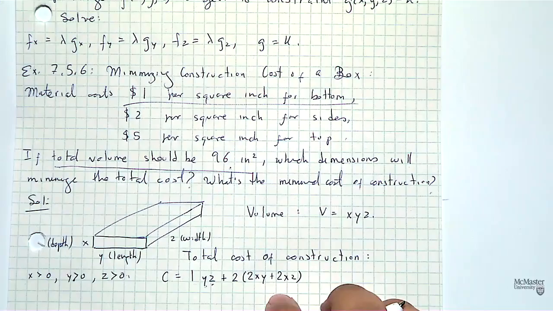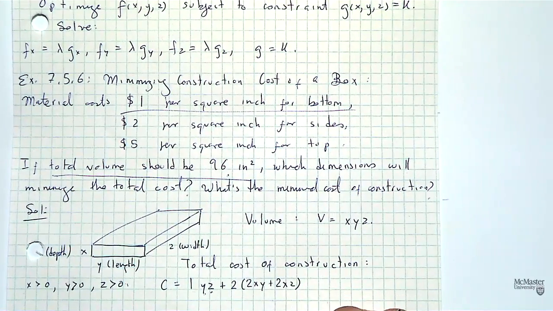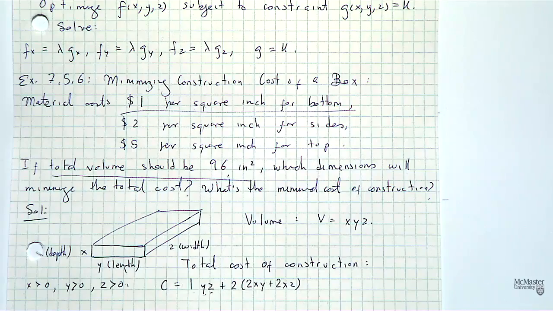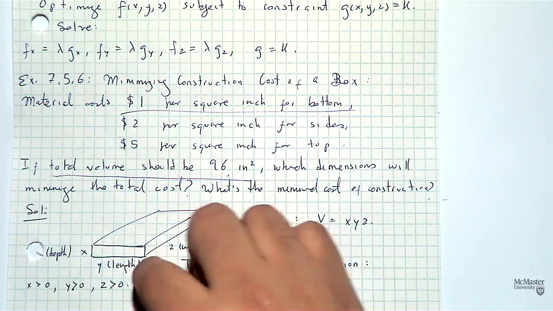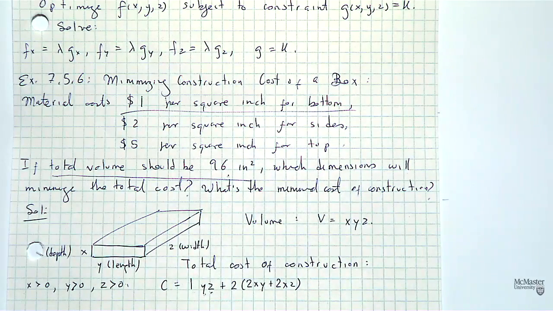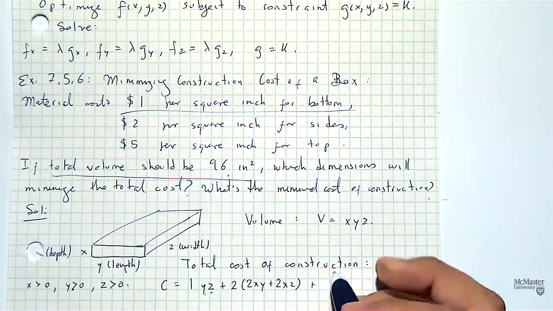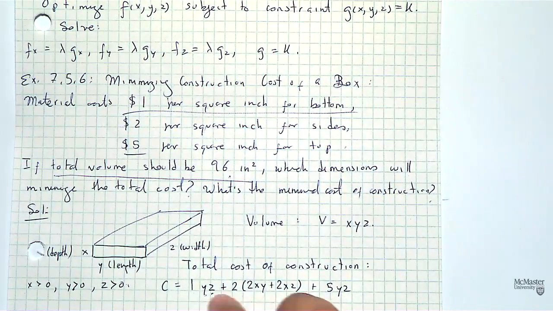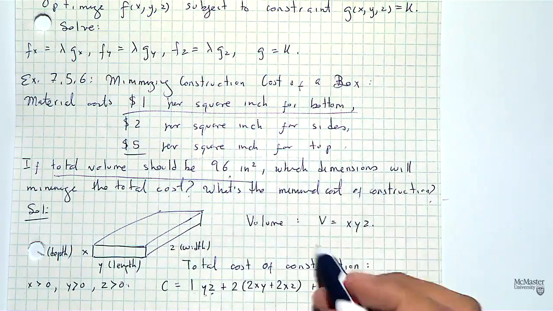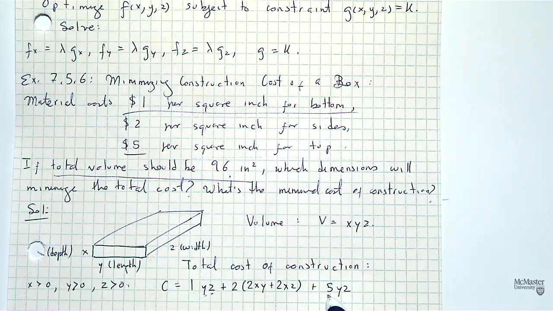So in this case, you have the price for the sides, and then you have two of these sides and two of these sides. One of them is xy, the other is xz. X is this depth, right? So you have this, and then twice. Then you will have 5yz, so 5 is for the cost, and then yz, sorry again, that is because the material has a different cost regarding being either the top or the bottom part of the box.